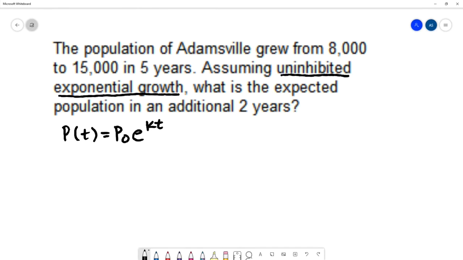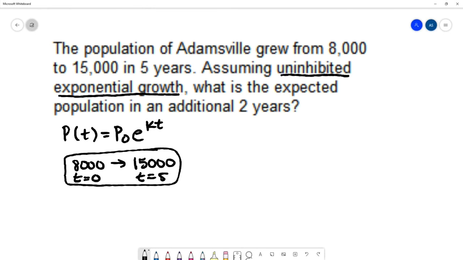So we have that Adamsville grew from a population of 8,000 to a population of 15,000 in 5 years. So if we assume we started off time equals 0 at 8,000, after 5 years we have a population of 15,000. Now using this information, we're going to be able to figure out k, the growth rate of this population.